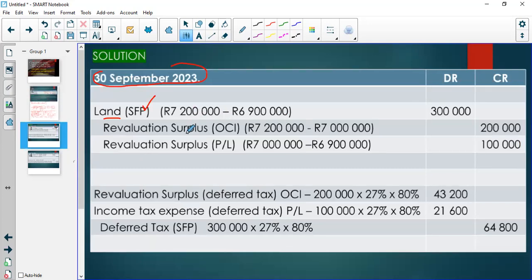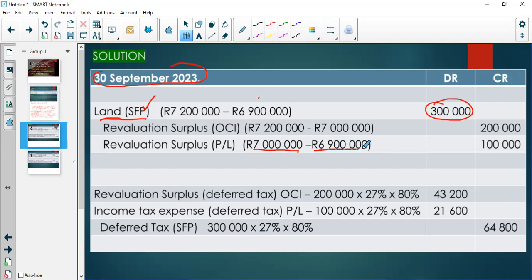The land has increased. So the original adjustment to the land is the difference between those two amounts, the previous amount and the current amount. And because it's an increase, our land has increased, we're going to debit with the full amount. But we remember that part of the revaluation surplus is below. So the portion that is below the cost is 7 million.